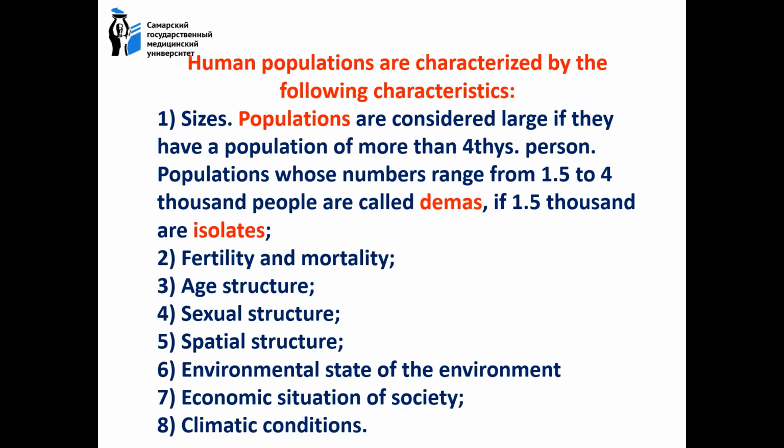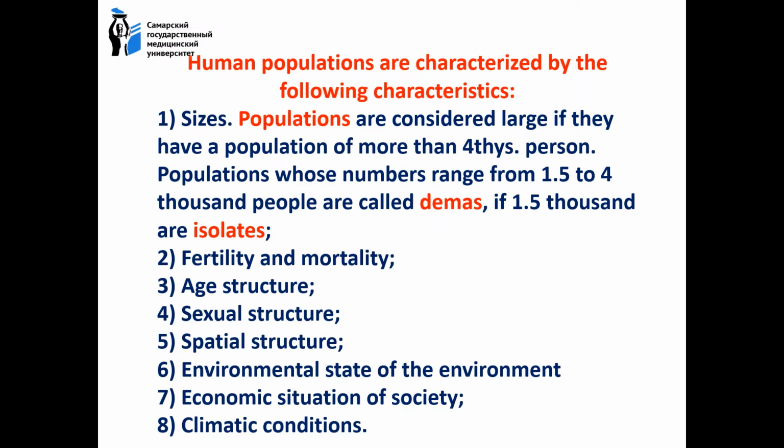Secondly, fertility and mortality, the quantity of newborns and deaths. And the next one, age structure, the quantity and ratio of newborns, children, adults, old people. Sexual structure, the quantity and ratio of men and women. Spatial structure, the distribution of people on different territories.